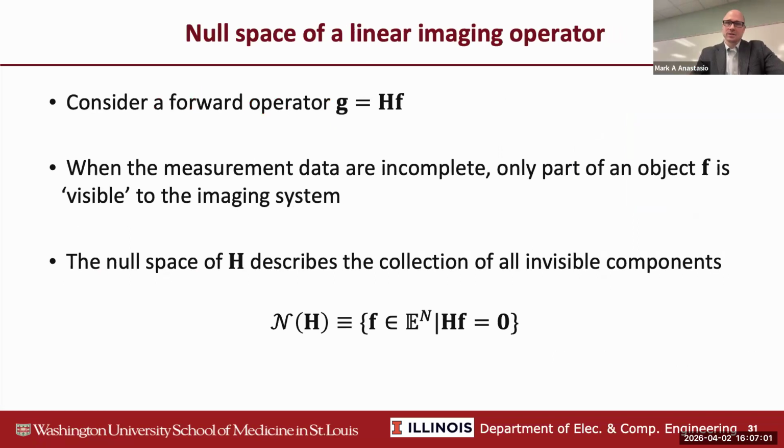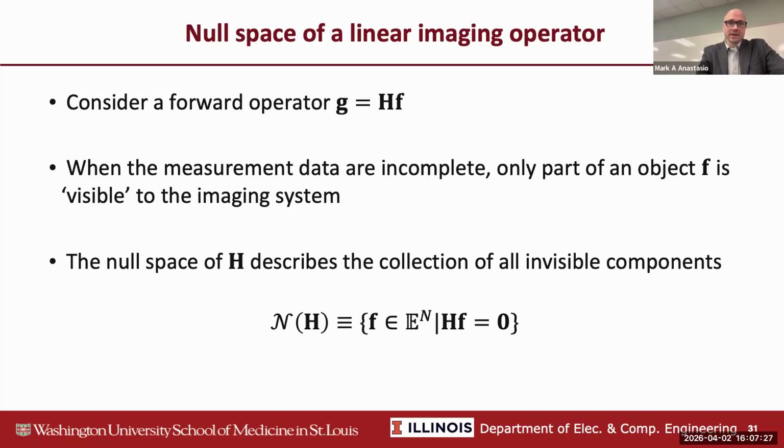Okay. So let me just make sure everyone's on the same page in terms of terminology and null spaces of forward operators. Let's just consider a simple forward operator. I'll neglect noise here: g equals Hf. And let's assume we have incomplete measurement data, so we have a null space. It means only part of the object is effectively visible to the imaging system, right?